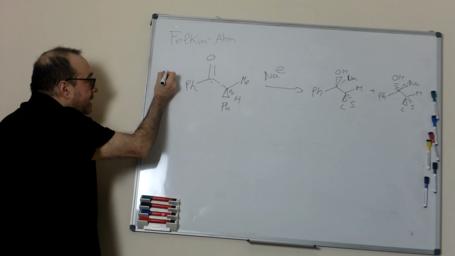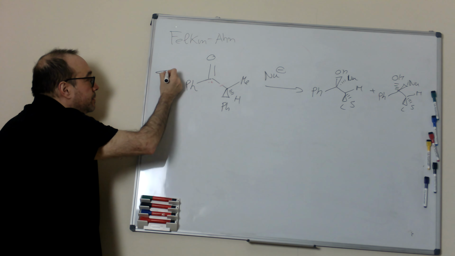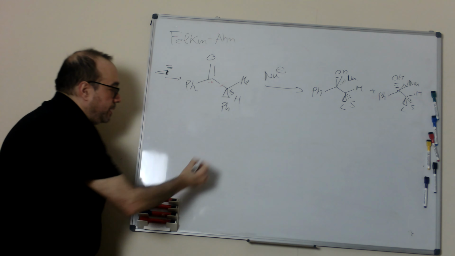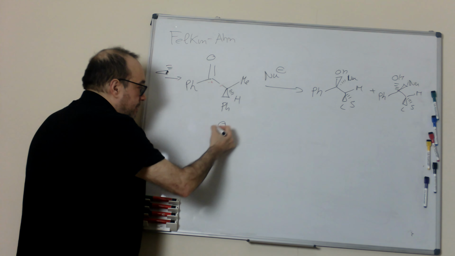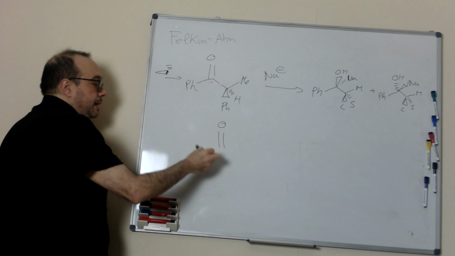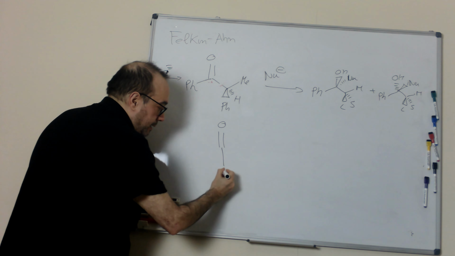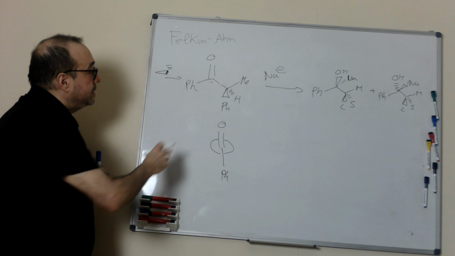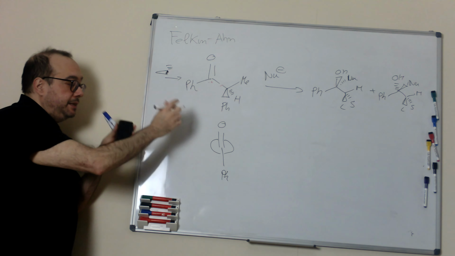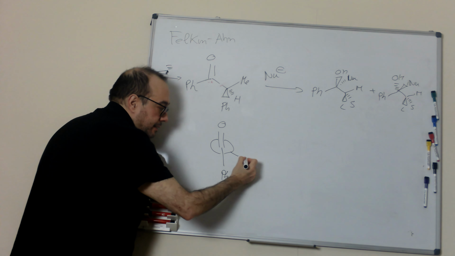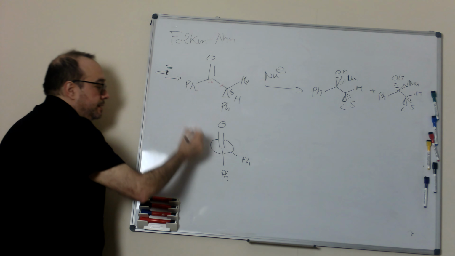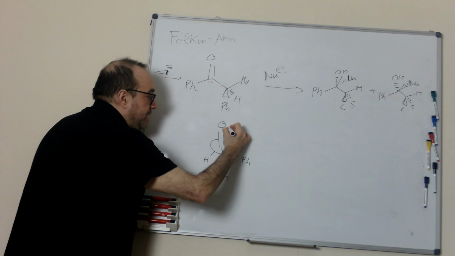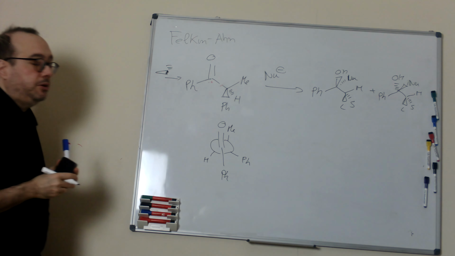We see the carbonyl in this way: here the carbonyl group, here the phenyl, and behind, if I see it like this, the phenyl is at my right, the hydrogen is at my left, and the methyl will be just behind the carbonyl group.